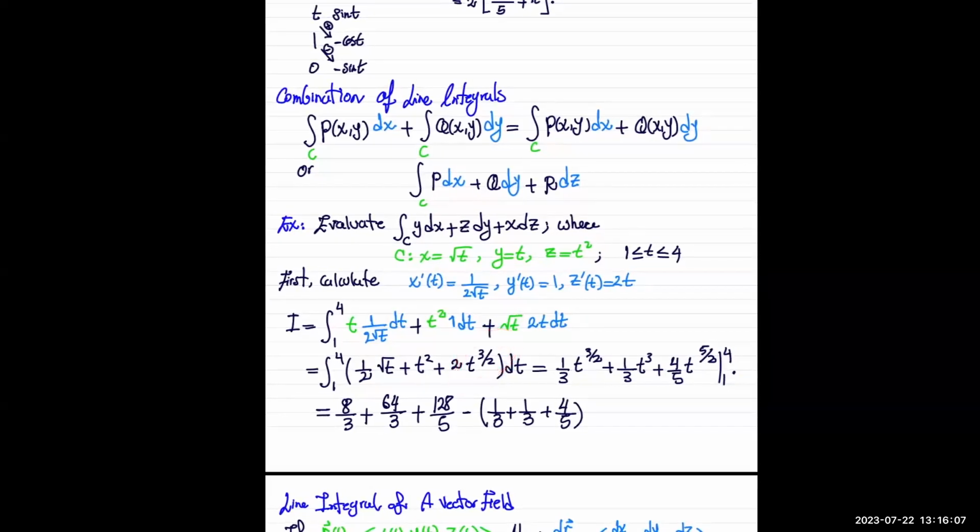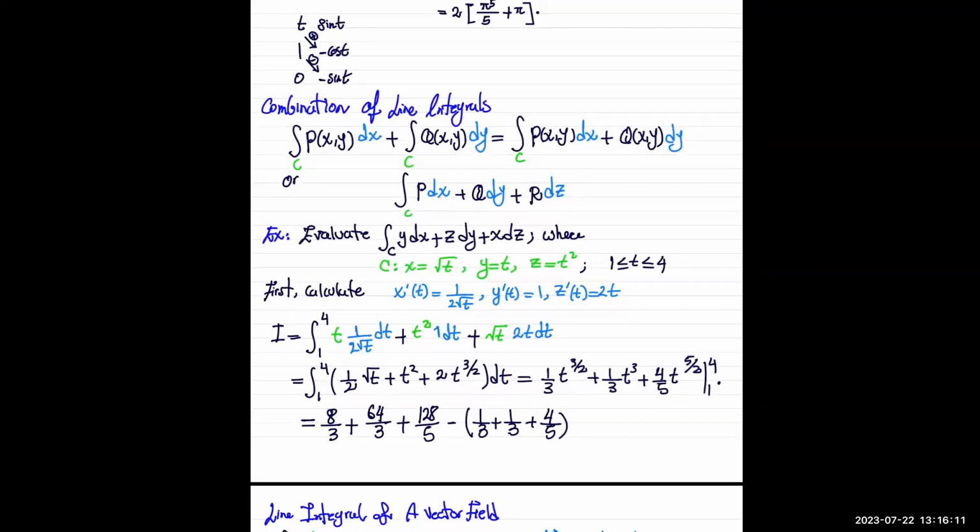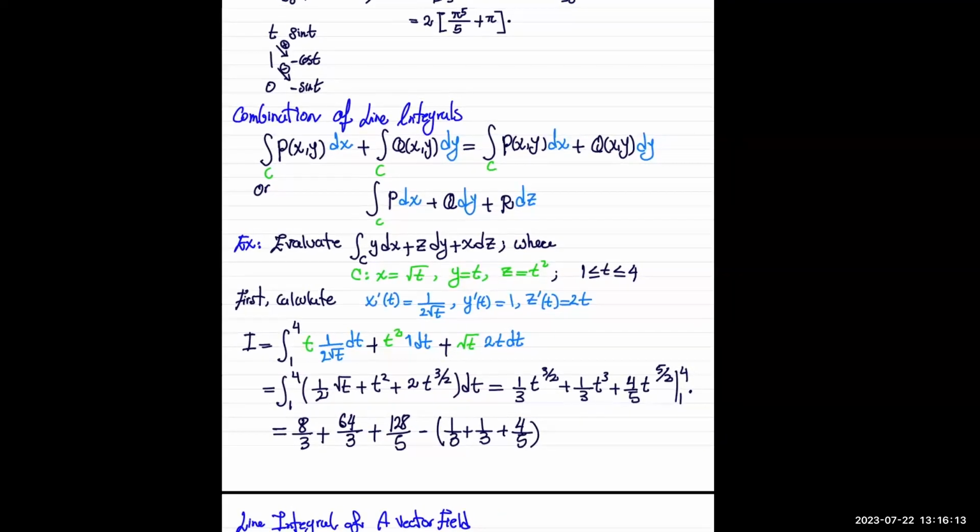So this is really an integral from calculus 1. Find the antiderivatives. The antiderivative of root t is 2/3 t to the 3/2. The antiderivative of t squared is 1/3 t to the 3/2.